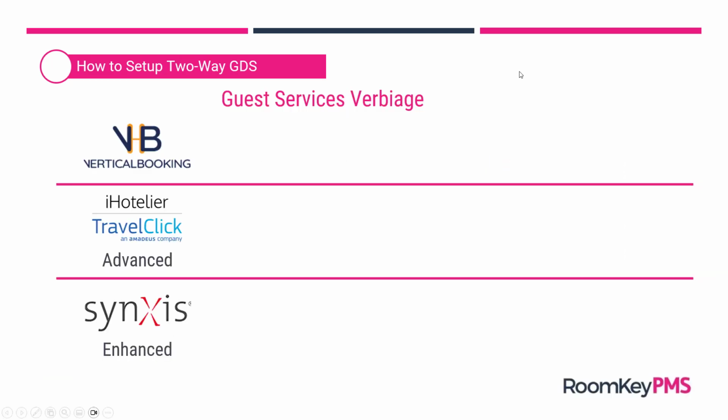So when we're looking to integrate these with our connectivity partners, I just wanted to establish some of the verbiage that these partners use because it's all different across all three of these. So for Vertical Booking, guest services that are chargeable are called services on the Vertical Booking platform.